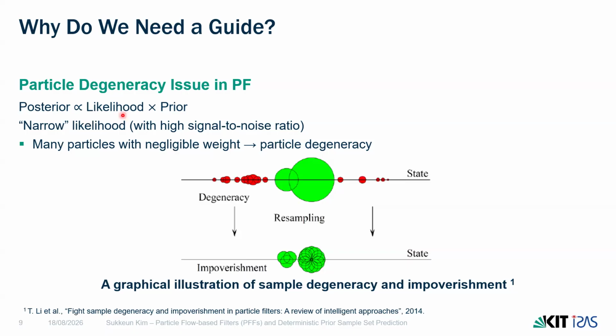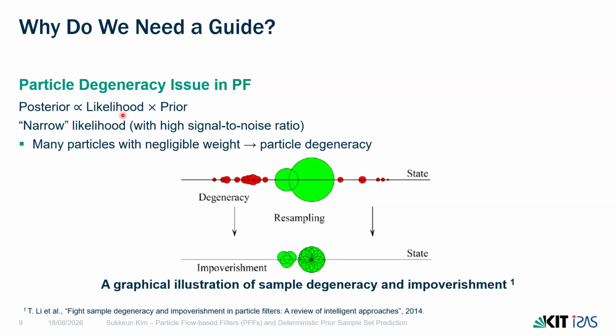We still use the Kalman gain and update steps the same as the EKF, but they use ensemble members, similar to particles. Then we move these ensemble members to the posterior using this Kalman gain.